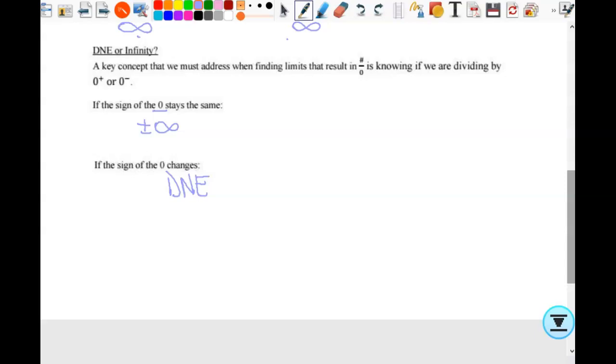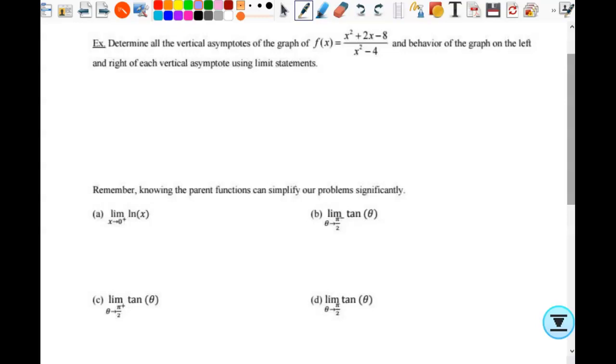Okay, so now I want you to go back to the board and do the example on the top of the back. Erase what you got and do that one. So let's look at what we've got. In order for us to determine all of our asymptotes, I think you all pretty much started off the same way with your factoring.